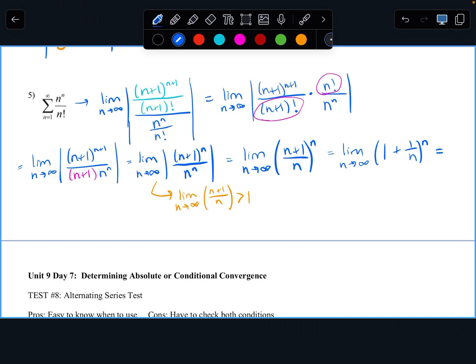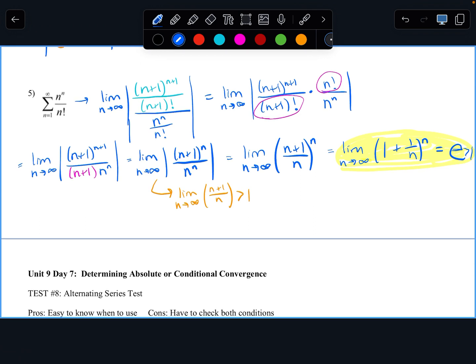It's Euler's number, E. You have to put that in your brain, okay, if we haven't already. We did it on day 1 of the unit, but it's E, okay? And because it's greater than 1, whoopsie, again, ran out of room, it diverges by ratio test.